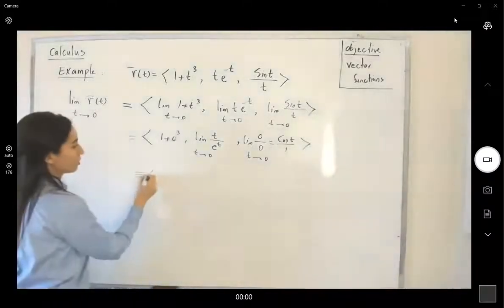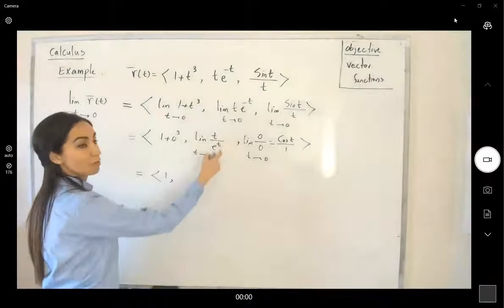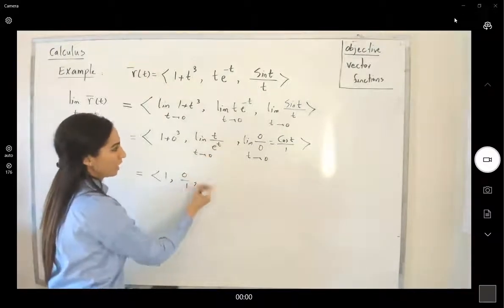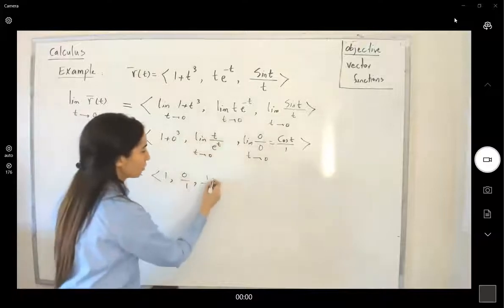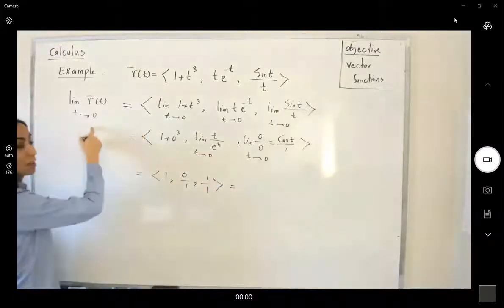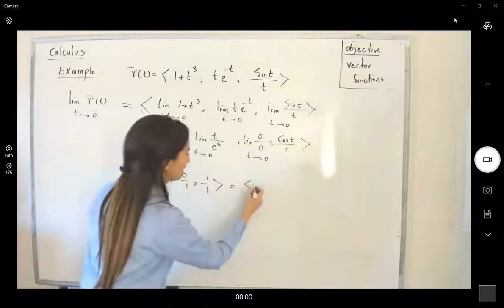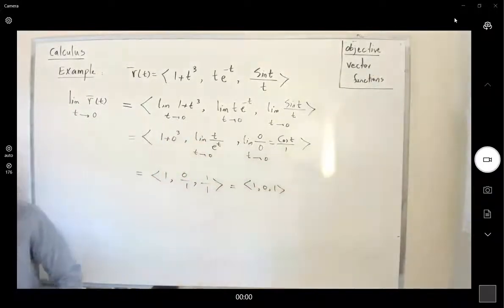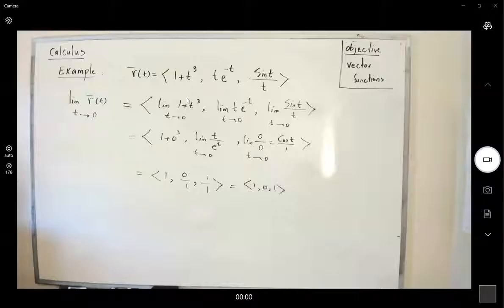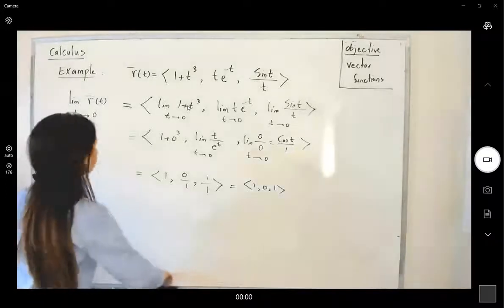This is just cosine of 0, which is 1, 1 divided by 1. So the limit of this vector function is 1, 0, and 1. Perfect.